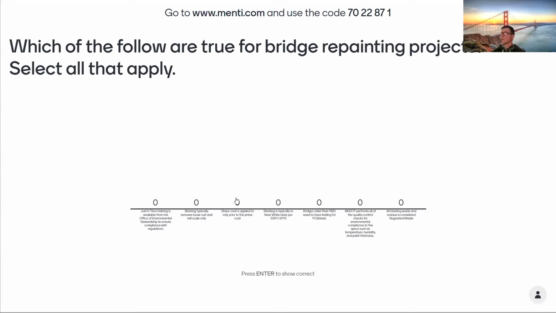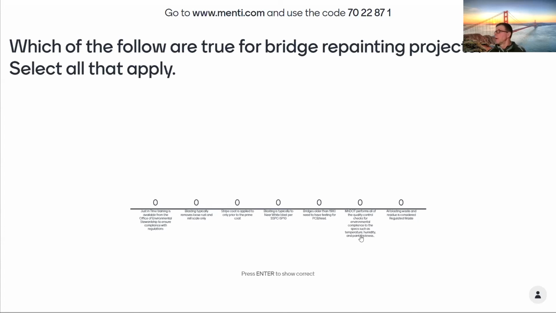That is true. So you don't need to stripe coat the intermediate and the final coat. Blasting, yes, it's typically to near white blast, which is termed SSPC-SP10. Bridges older than 1980 need to have testing for PCBs and lead, yes. So that is a requirement.